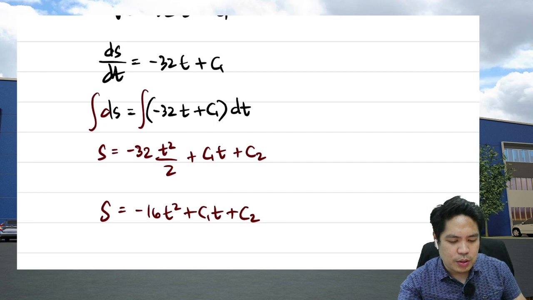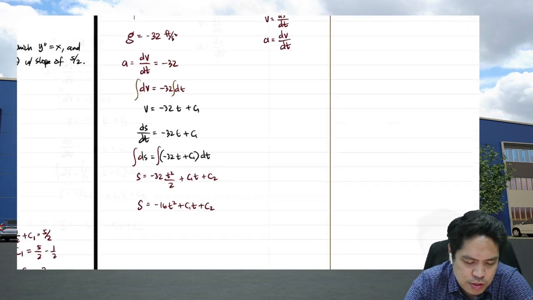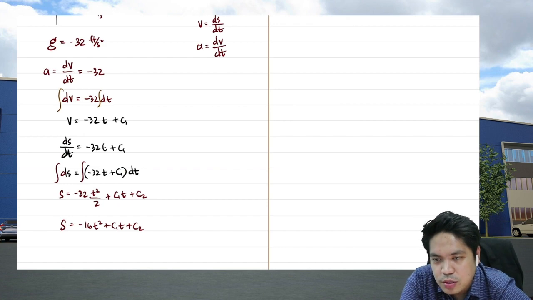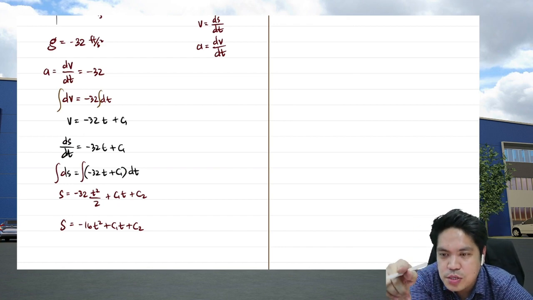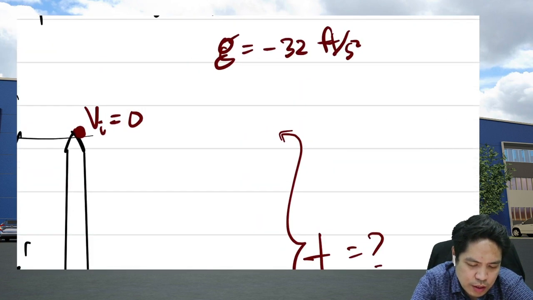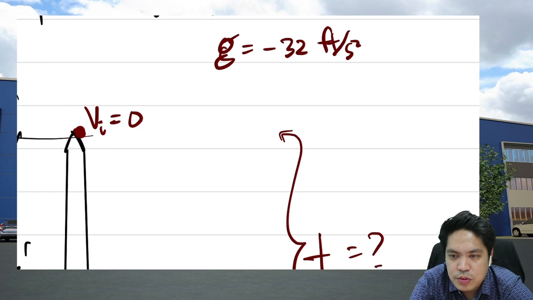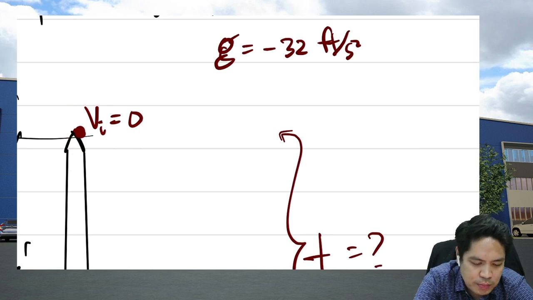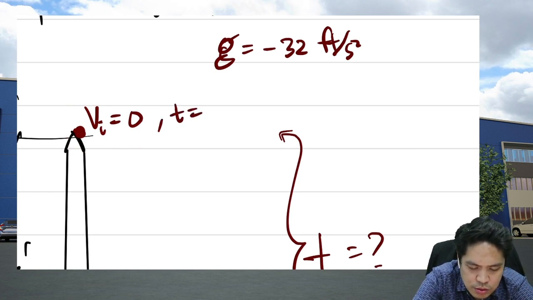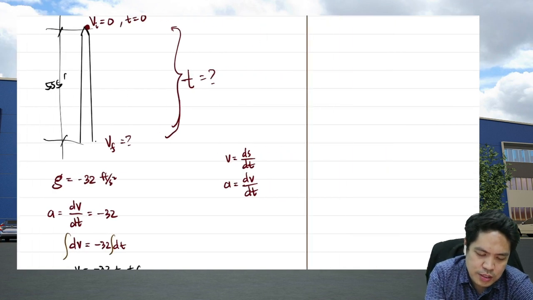So we could now apply our initial conditions. When we say initial condition, that's the condition at the first instant. And what's the condition at the first instant here? The velocity is 0, and time is also 0. Right? Because it's the initial condition.